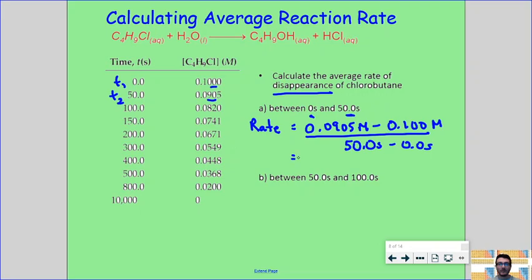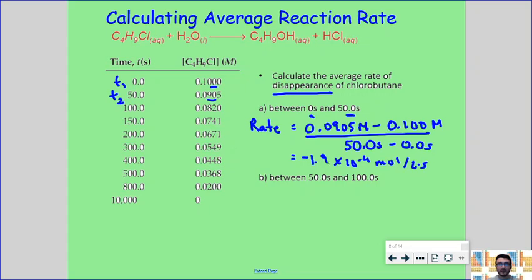Work out the math, and we get negative 1.9 times 10 to the negative 4 moles per liter per second.